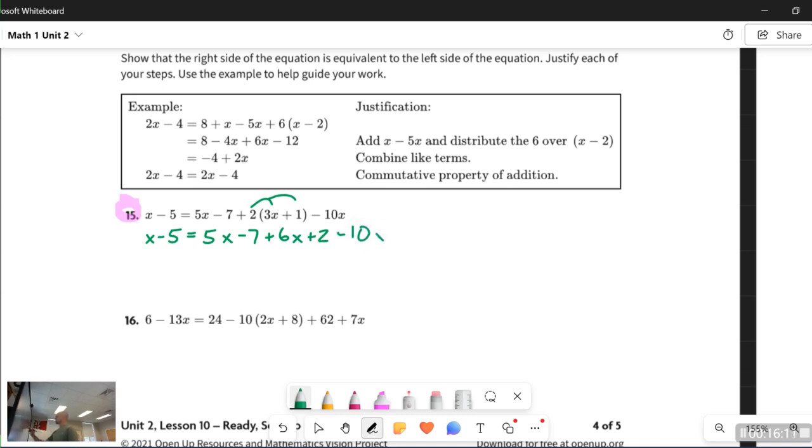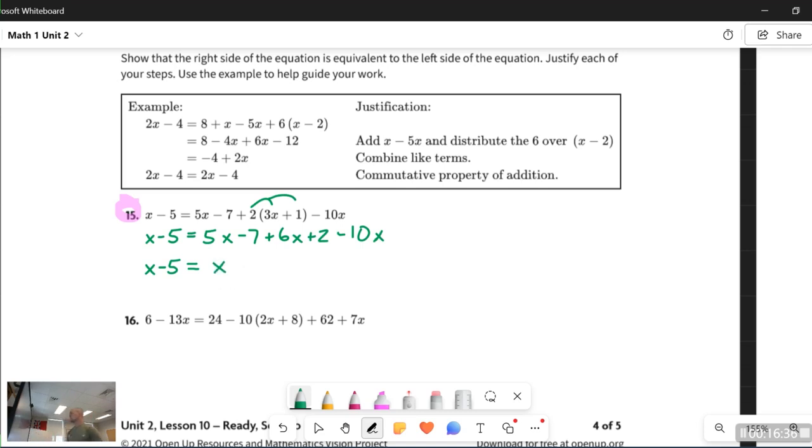All right, so I'm a big fan of combining like terms all in one step. I like getting all my x's together. I like getting all my constants together and going from there. So in this step, I'm going to do all my justification out loud. Still have x equals negative 5. I'm going to figure out my x's. And I look and I say, all right, 5x plus 6x minus 10x gives me 1x.